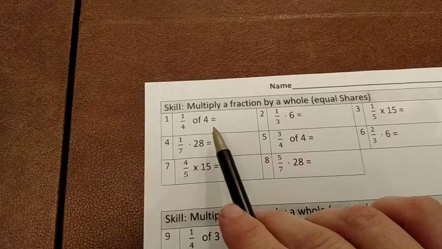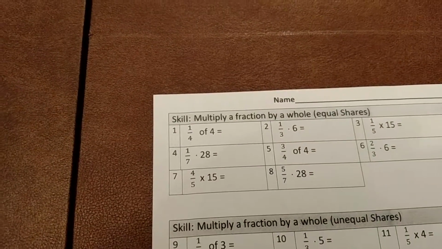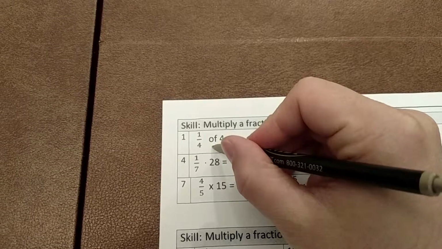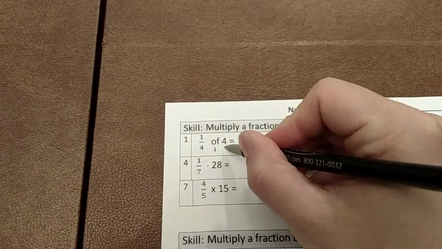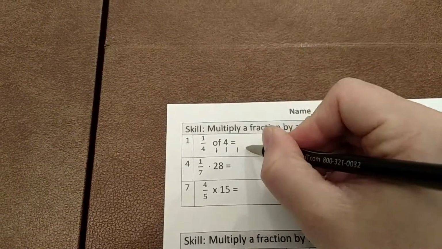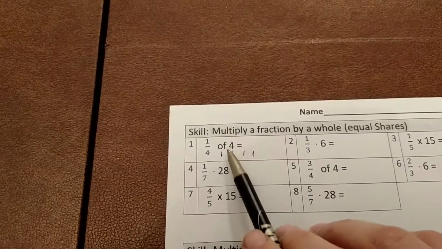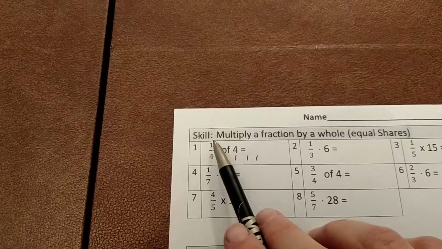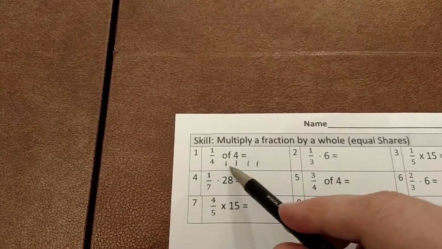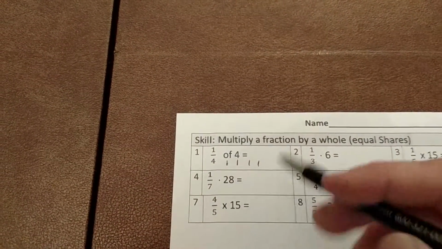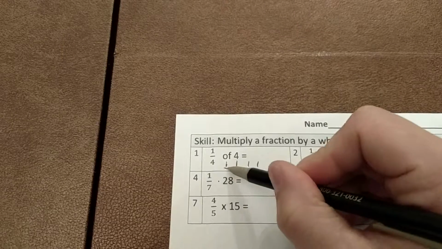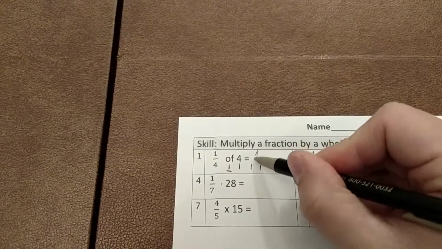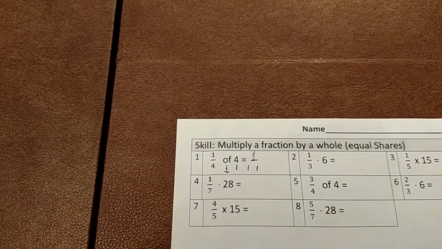So 1/4 of 4: if I took 4, here's 1, 2, 3, 4. I have 4, and I put that 4 in 4 different groups. How much would one of those groups be? Here's 4 altogether, and 1/4 of that total would be just 1. So 1/4 of 4, the answer is 1.